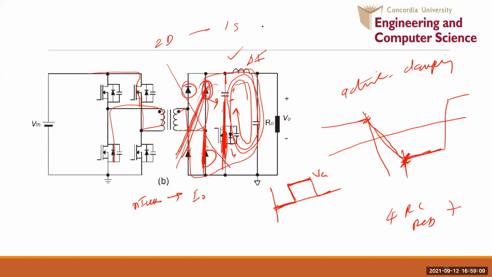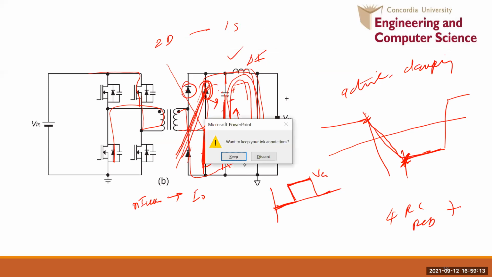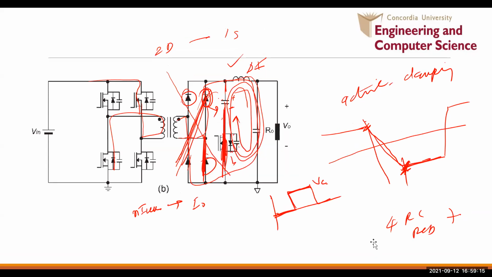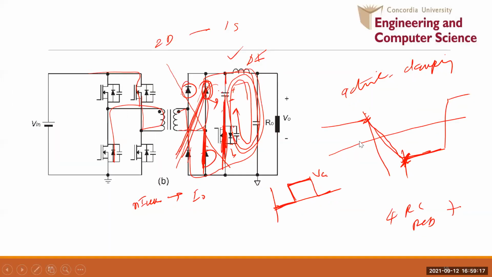So that was the topic also of the lecture, clamping. So instead of using RC or RCD, you can see just a clamping switch can do the job. So whenever there is a difference in current, this flows through the switch, and the voltage across the diode is clamped at the capacitor voltage.